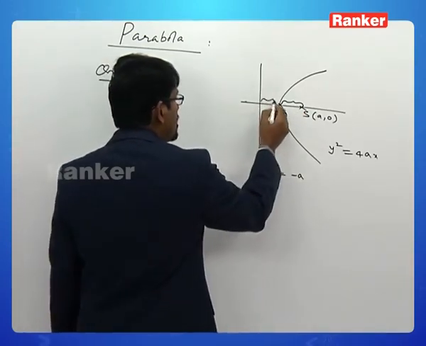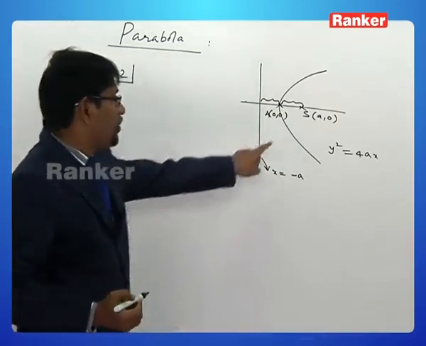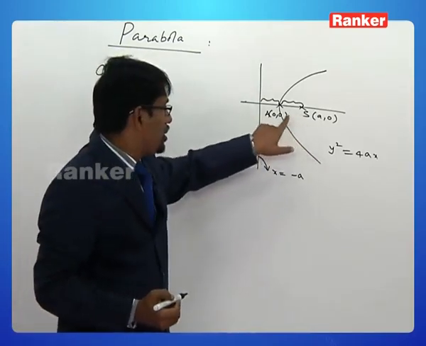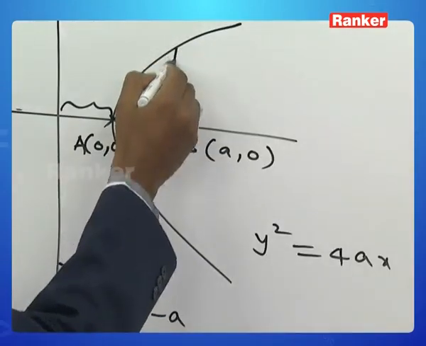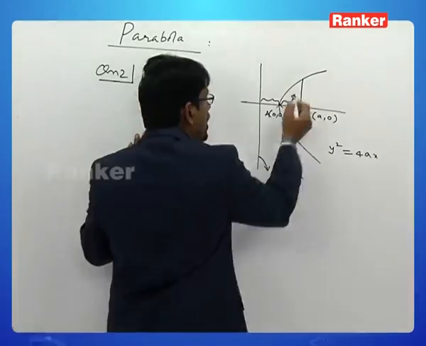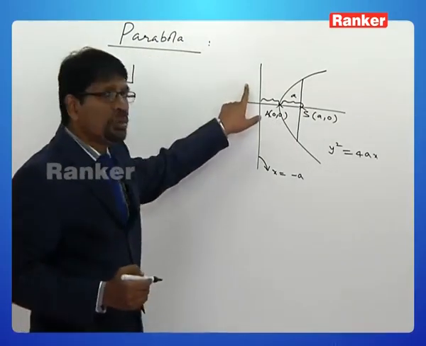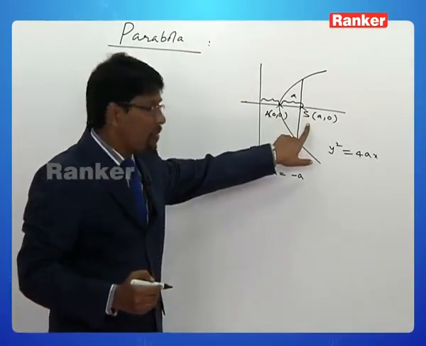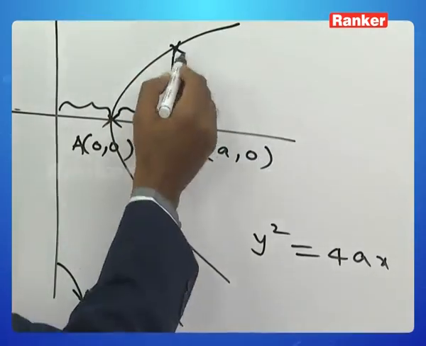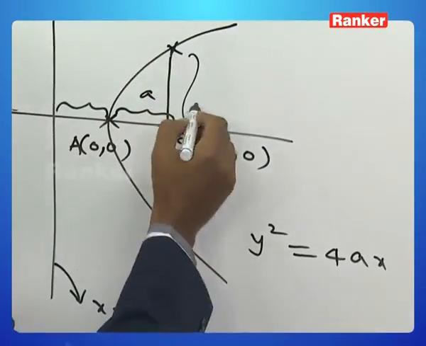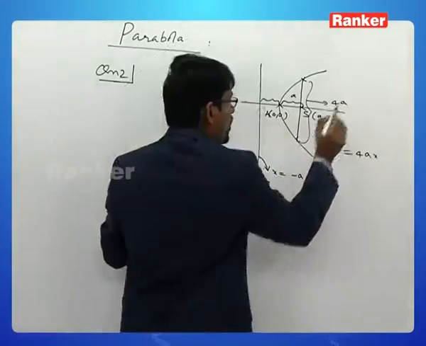So if the distance between the focus and the vertex is a, the latus rectum is a line parallel to the directrix passing through the focus. So this will be the latus rectum. This length is 4a.